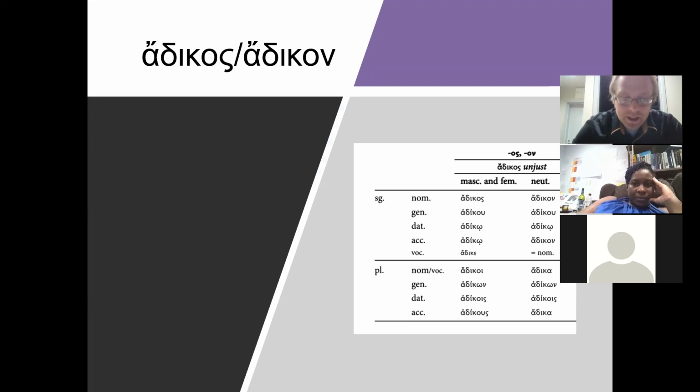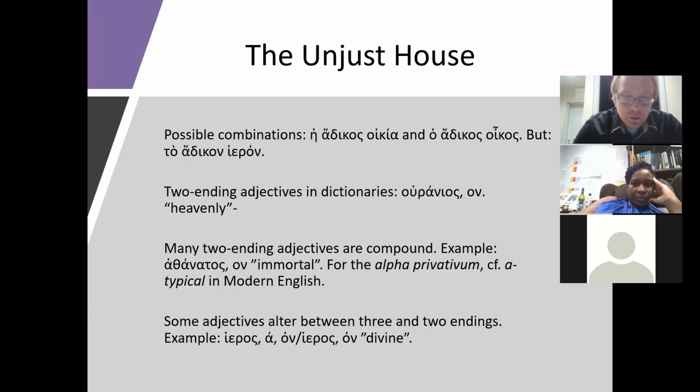And thus, for instance, the adjective adikos in the nominative singular can be both masculine and feminine, depending on which noun it connects to. So if we speak of an unjust house in Greek, we can actually connect the attribute adikos to both the feminine and the masculine versions that we have learned of this noun.